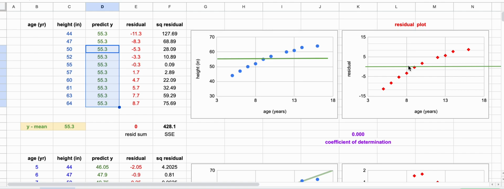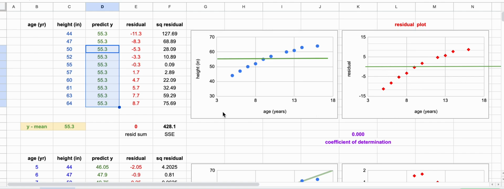I've also provided a residual plot of what happens if we use this line as the line of best fit. We have a lot of error here, and we also have a residual plot that doesn't really show randomness. You've got a whole bunch of points below, and then a whole bunch of points above. It's not really a random scatter.